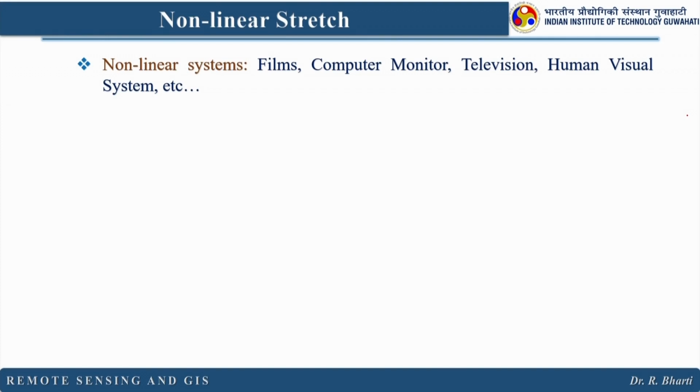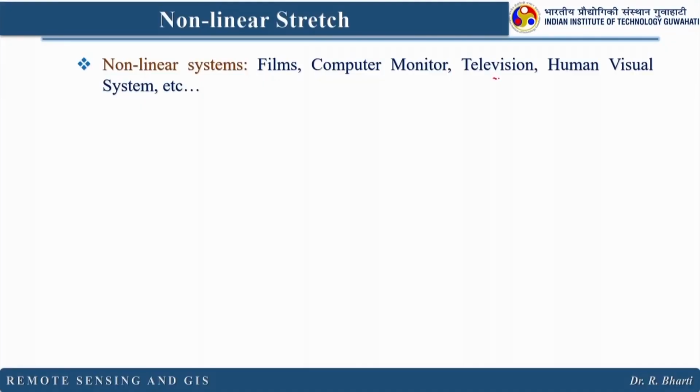In films you can see the contrast, and on a computer monitor you can see all the lines, boundaries, edges very clearly. That means it is giving you good contrast, and good contrast in terms of a non-linear system. And then television, the human visual system. These are very good examples of non-linear systems.